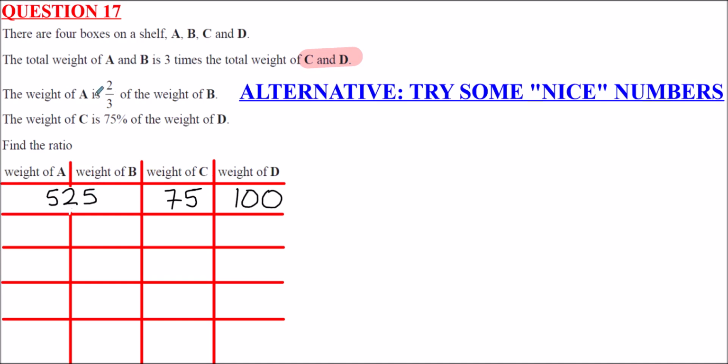But it says here that the weight of A is 2/3 of the weight of B. So 2/3 of B plus 1 lot of B, that's 5/3 of B in total.